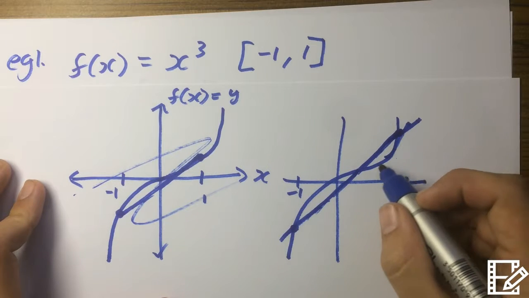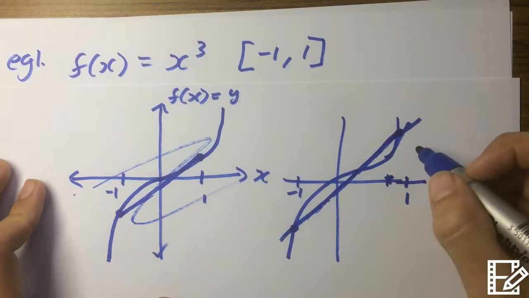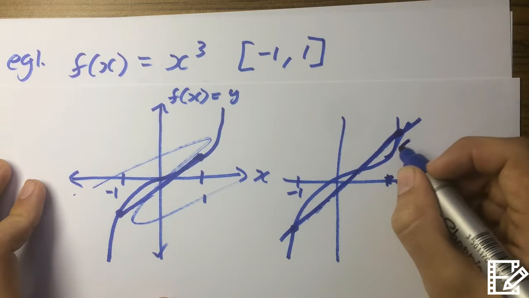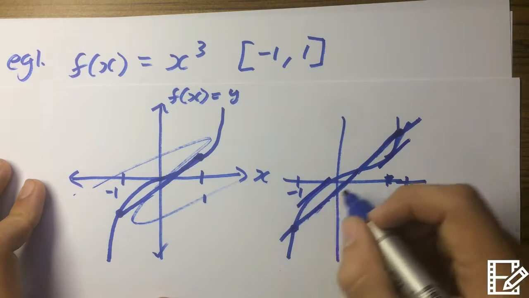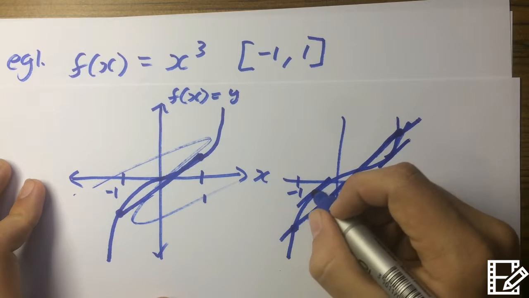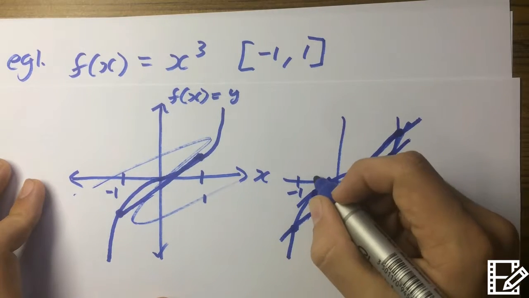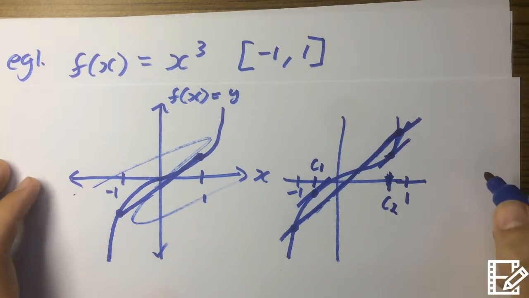And because the slope goes above and below, there'll be 2 values where the slope is equal to the slope of the secant line passing through it. So this point and this point are c values. This will be c2 and this will be c1.